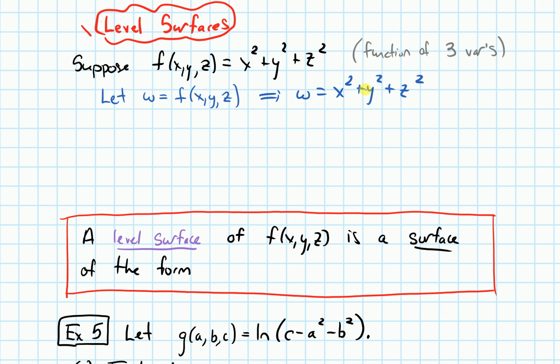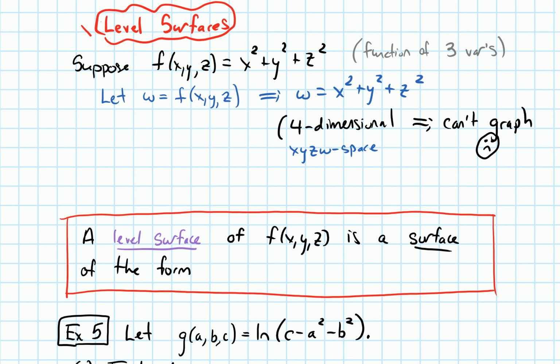Because this equation has four variables, the graph is four-dimensional. It's going to exist in x, y, z, w space. But we can't visualize four dimensions, so we can't graph this, unfortunately. I'm going to put a sad face. We're bummed out.